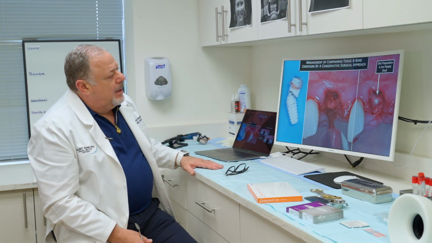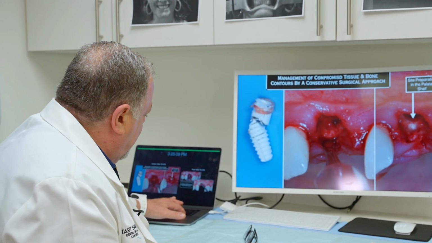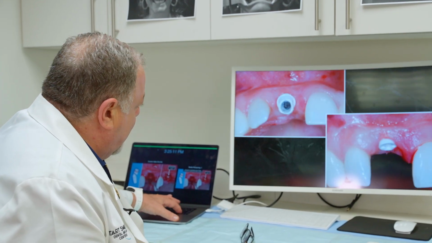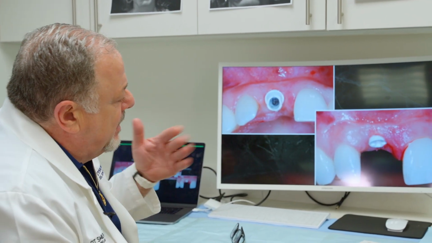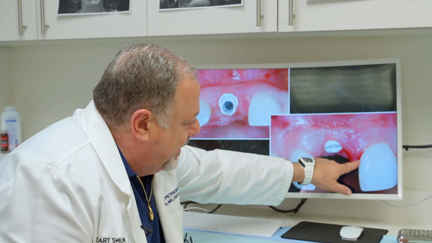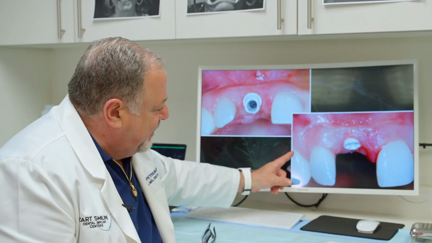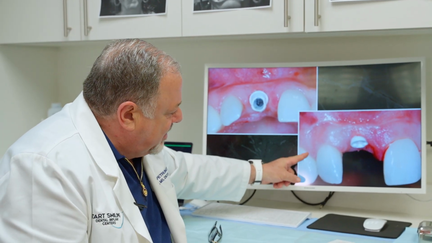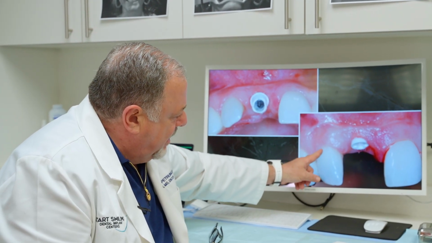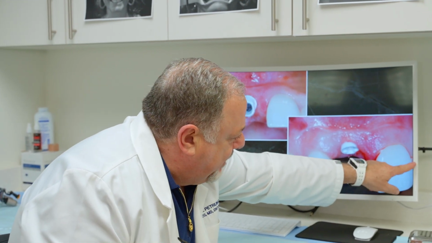Now, to get this out, we have to look at a couple of different things. I'm going to go back for a second here. For the removal of this, without having to flap all this back, we're going to go to those tunnel instruments. Before that, I'm going to take a 15C blade and make a circular, semilunar type incision, stopping short of the papilla.